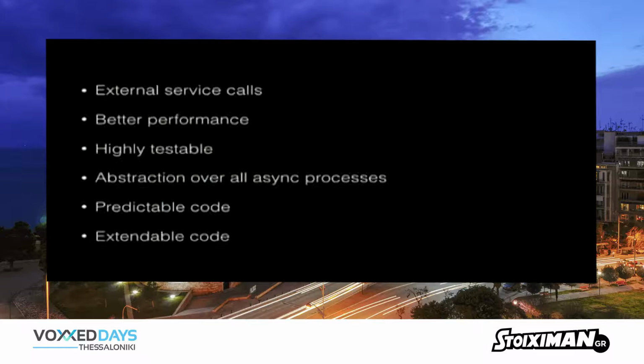The third thing is that it's highly testable. Why? If you are into functional programming, you probably know what a pure function is. That's a function that only has input and output, with no external stuff. For the same input, it will always give you the same output.